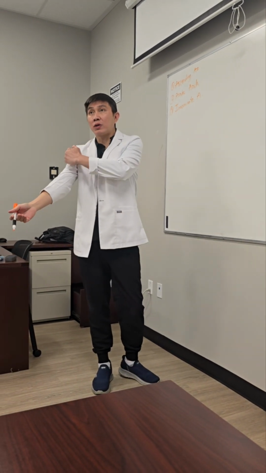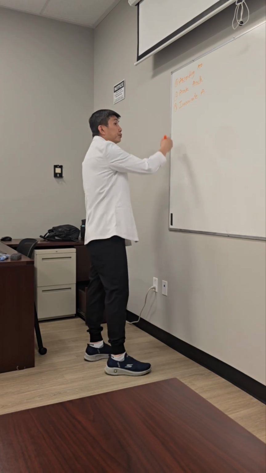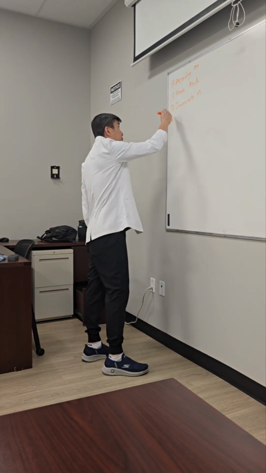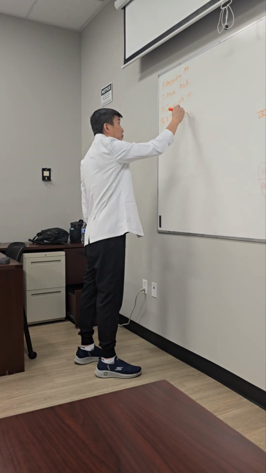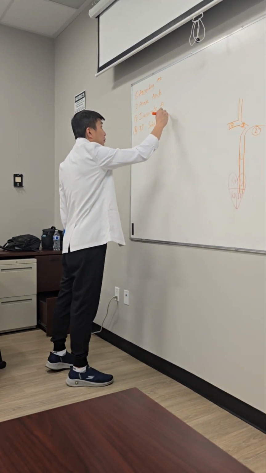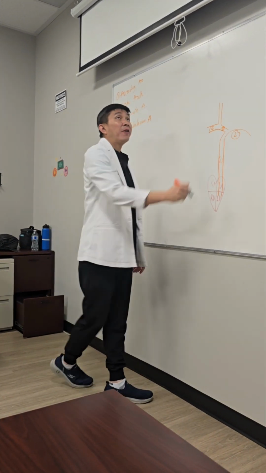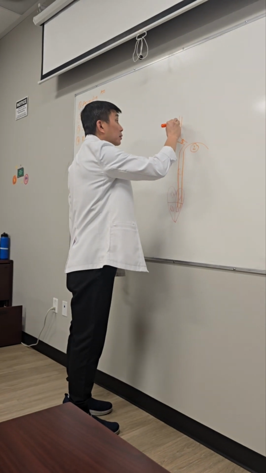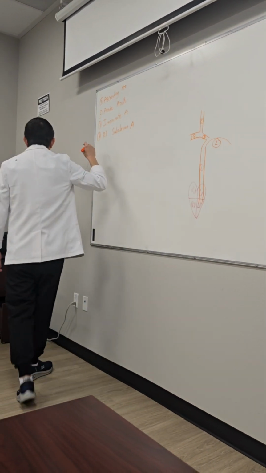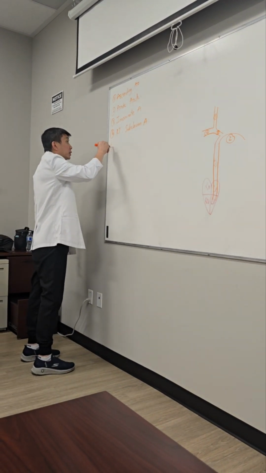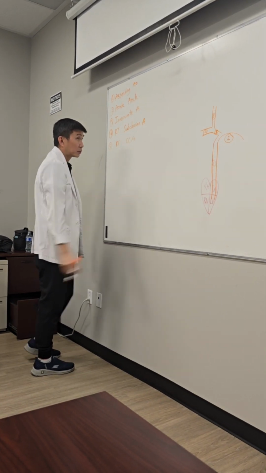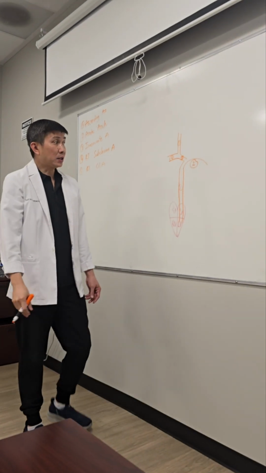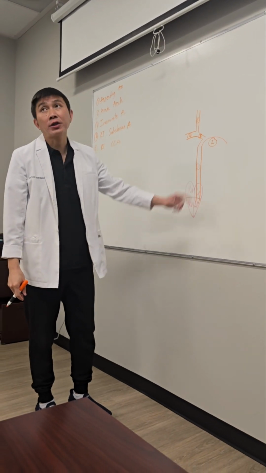Right subclavian will supply blood for the right arm. And number 5, right common carotid artery. That's about the first branch from the arch.